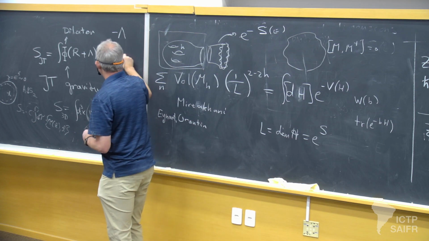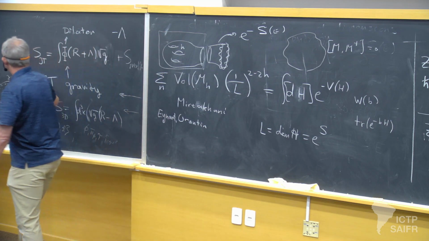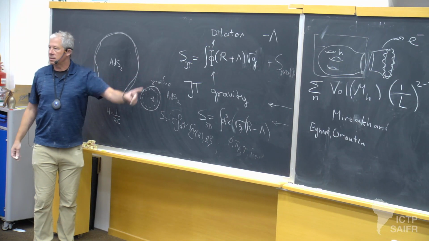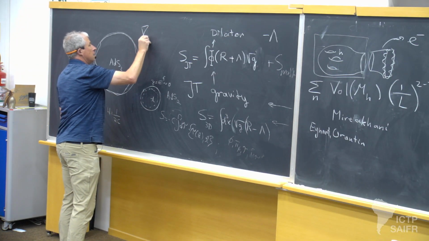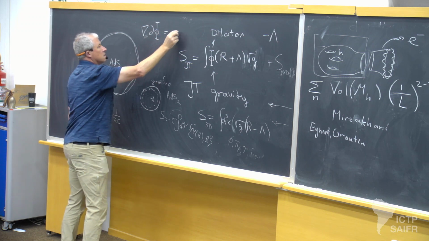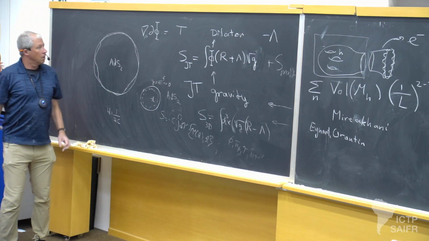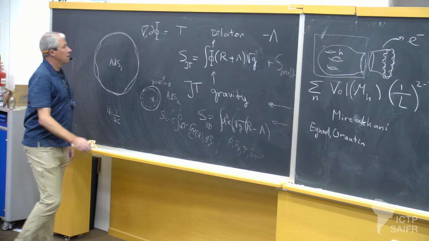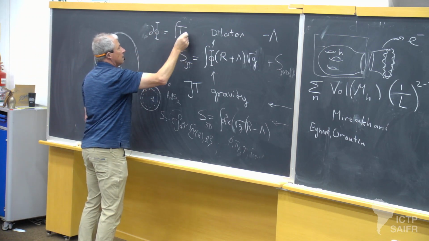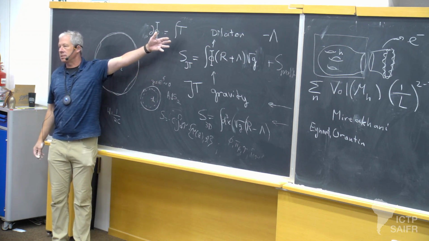Let me make one other comment. Suppose that I would add a matter action here. And I would derive the equation of motion of this action. You get something that the second derivative of the dilaton is the stress energy tensor, which I can integrate basically once at least. Something like this, where the derivative of the dilaton is the integral of the stress energy tensor.